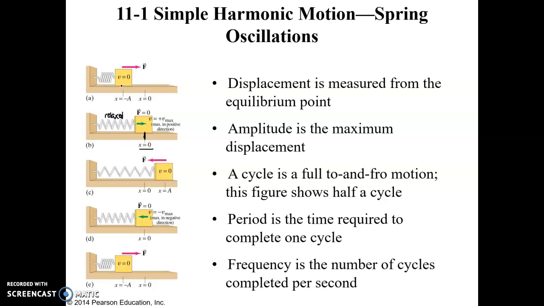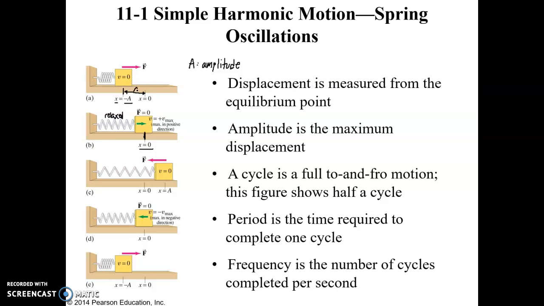Here the spring has been compressed, and the distance x that it's been compressed to the left is equal to negative A. Capital A is what we're going to use to describe the amplitude. The amplitude is basically the maximum distance x that our simple harmonic oscillator can be stretched out.